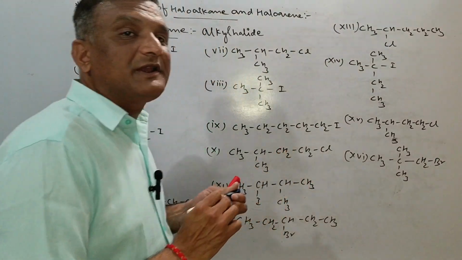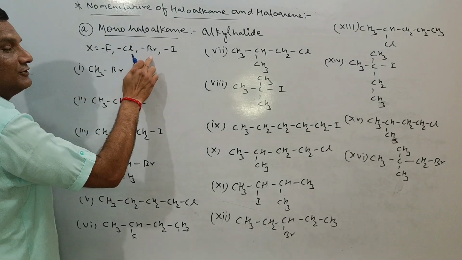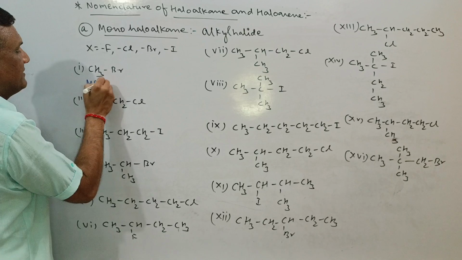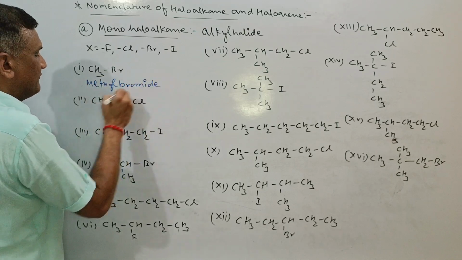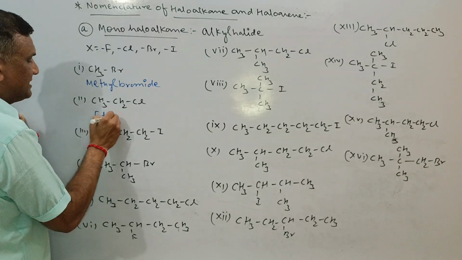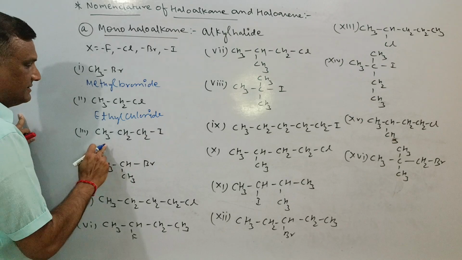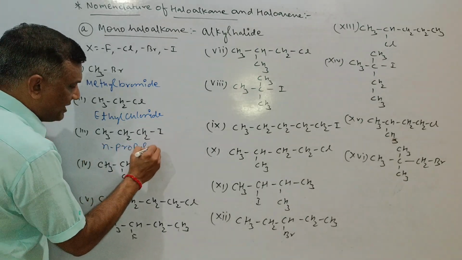If we go with the nomenclature, this is called methyl, and as I told you, Br is bromide, so the name of the compound will be methyl bromide. If I go to the next, it is called ethyl chloride. This is n-propyl iodide.